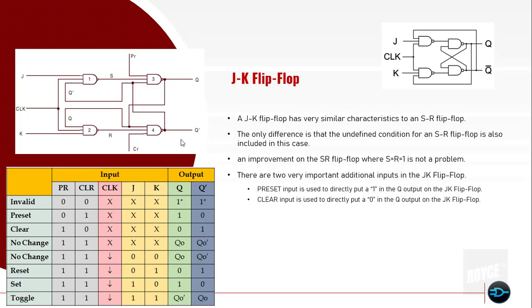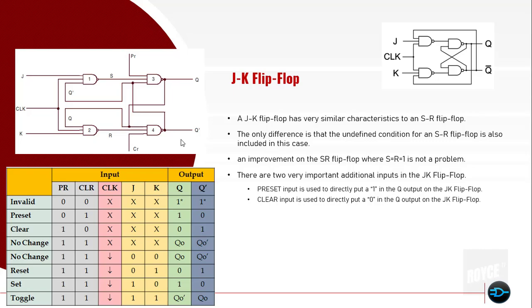Now, the only difference with the JK flip-flop and then SR flip-flop is that kung sa SR flip-flop, pag nag-1 pareho yung input niya is invalid yun. Sa JK flip-flop, hindi yun invalid. So, meaning, a JK flip-flop, we can use all of the combinations from 0, 0, 0, 1, 1, 0, and 1, 1.